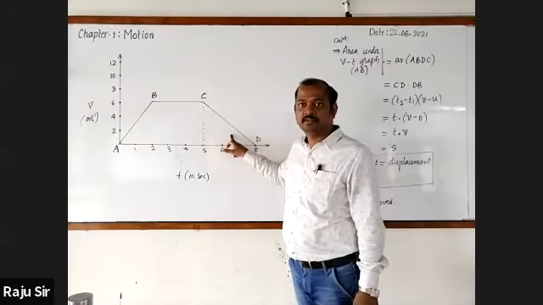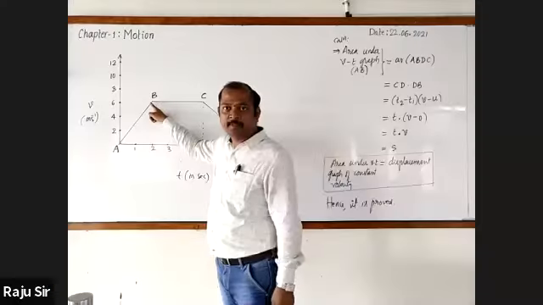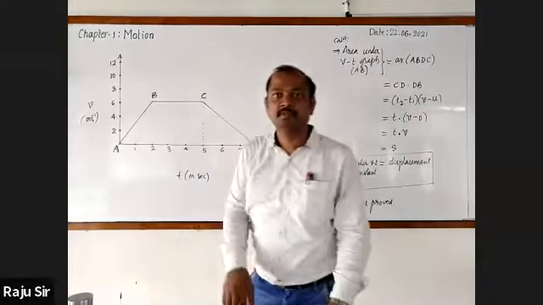Yes, sir. Okay, now you tell. What does CD represent? Uniform deceleration. AB represents? Uniform acceleration. Very good. BC represents? Constant velocity.